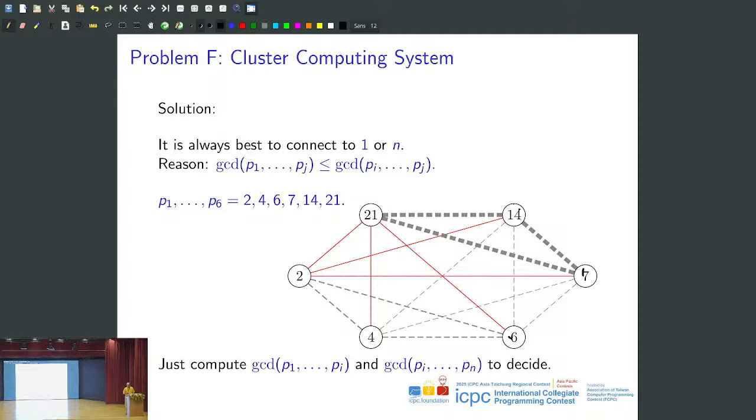And this is your optimum. And you might think, well, most probably all the connections will be very cheap, will be the GCD of all the numbers, but this is not always the case. But this was also solved very well.